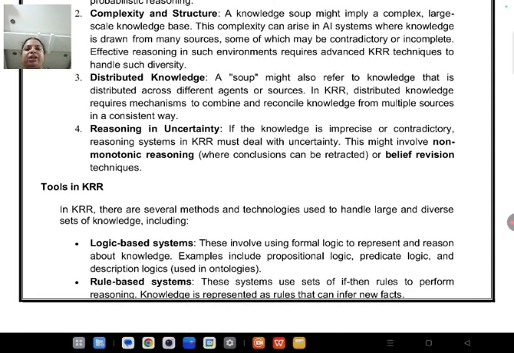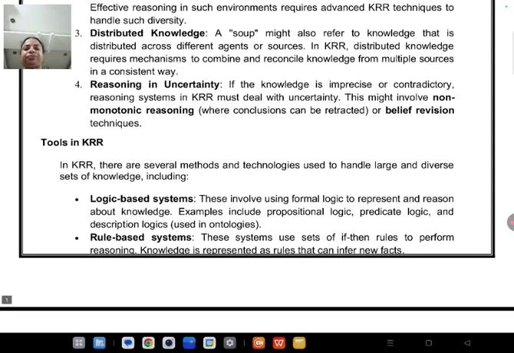Next is distributed knowledge. Whenever we are making this knowledge soup, we will collect information from different types of sources, so the knowledge representation is distributed and has to get data from different sources. It has to be clear while getting data from distributed data sources.